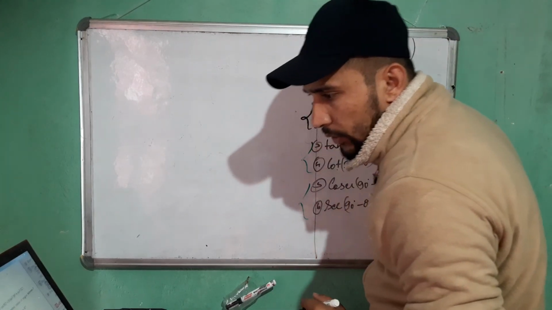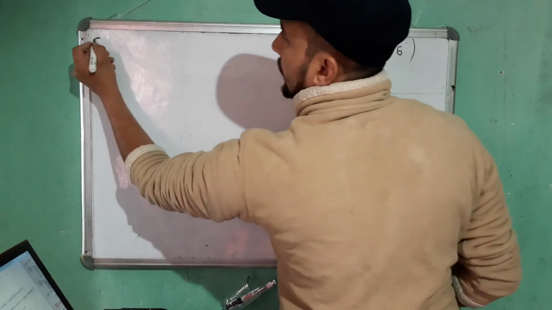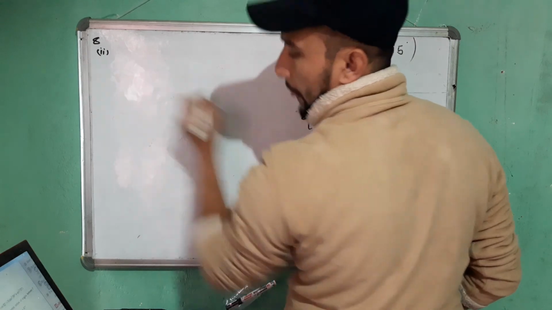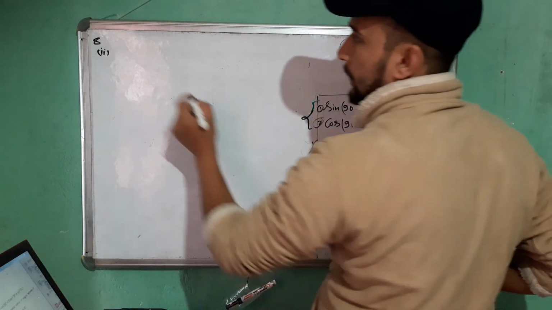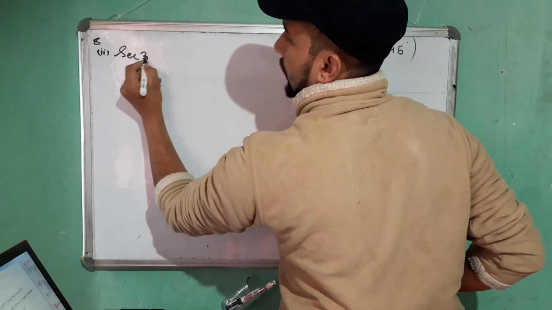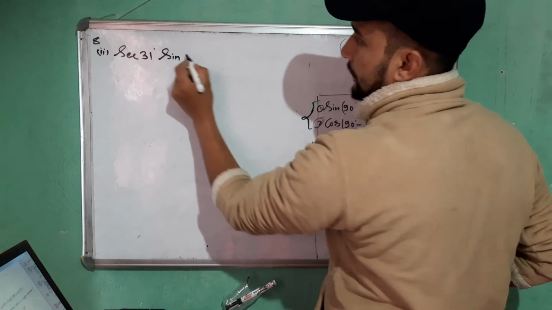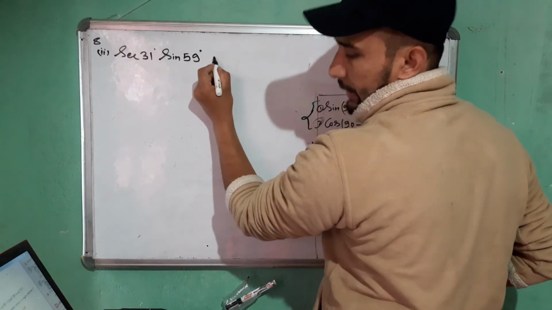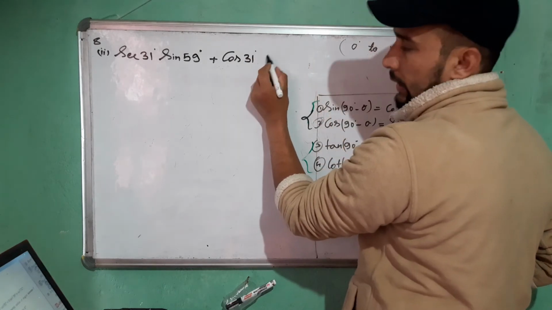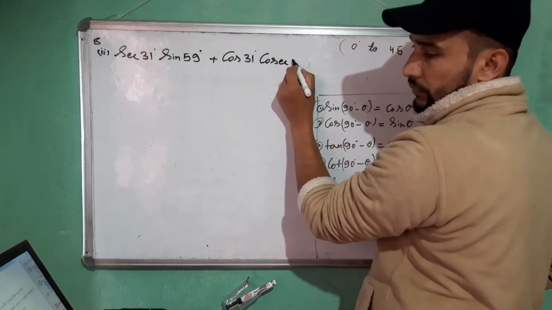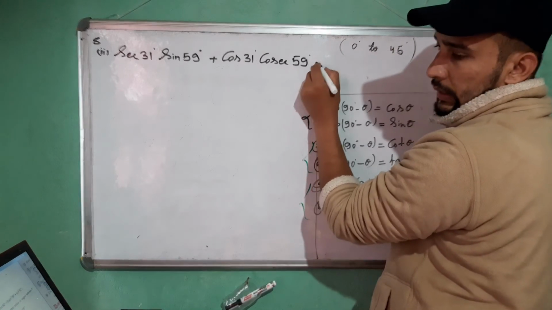Question number 8, number 2. You can do it on your own. Question number 8, number 2. You have sec 31 degree sine 59 degree plus cos 31 degree cosec 59 degree is equals to 2.